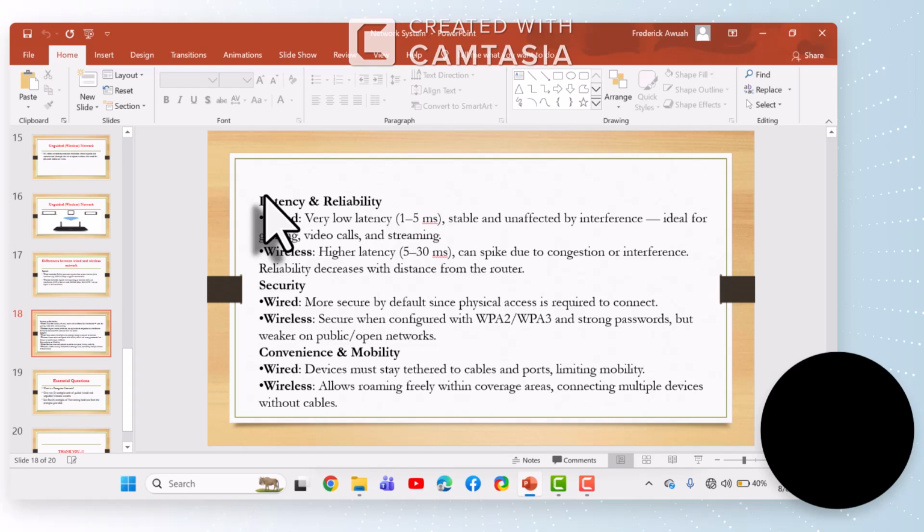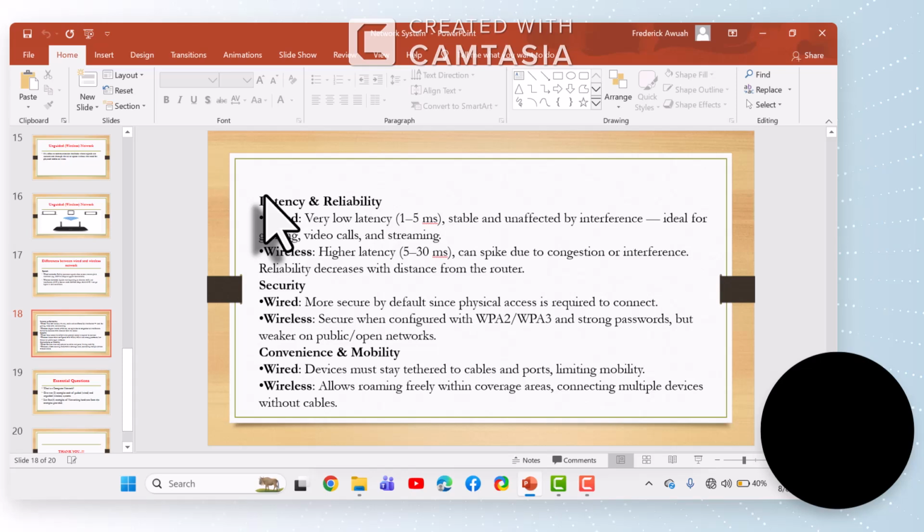And with security, the wired is more secure by default, since physical access is required to connect, while the wireless is secure when configured. So unless you've configured it with a password and other things, it is not secure, but with wired it is secure by default.